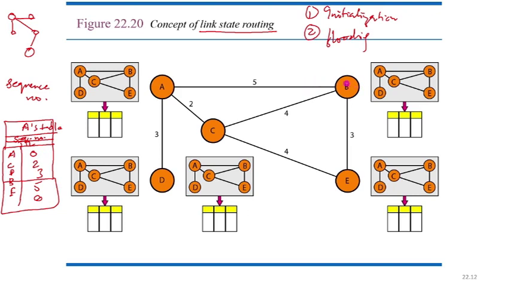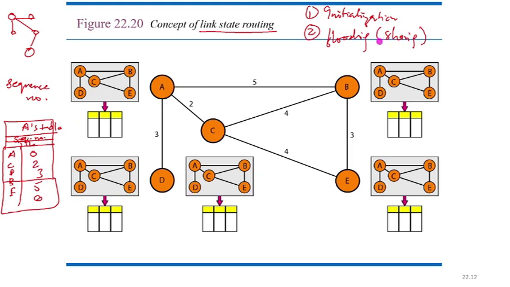After getting the table of each of the routers, the final routing table obtained at A will have information about each of the paths going to each of the routers.